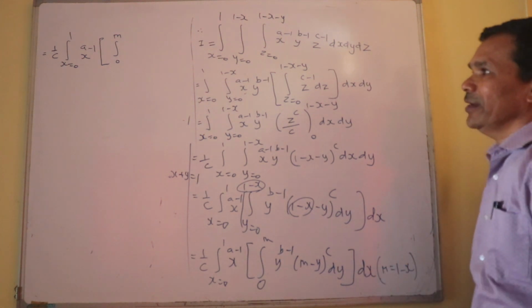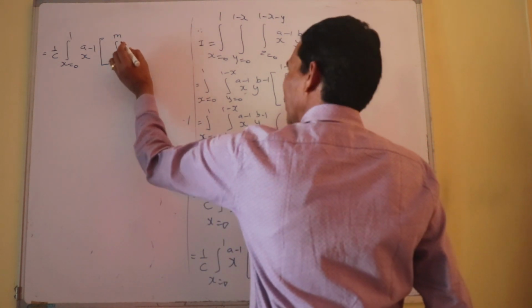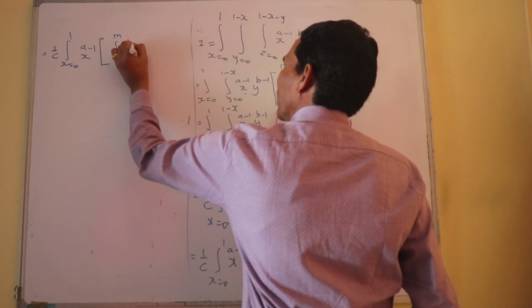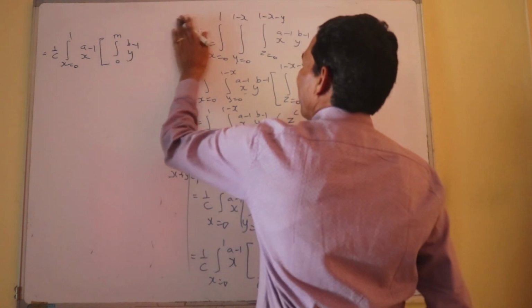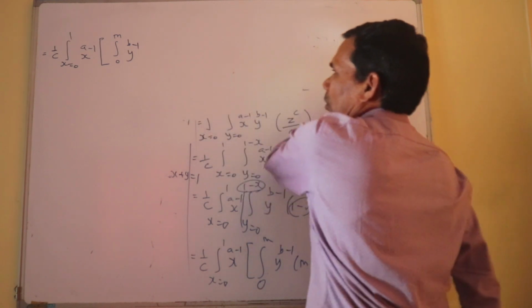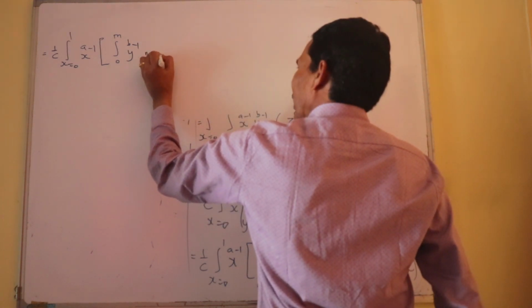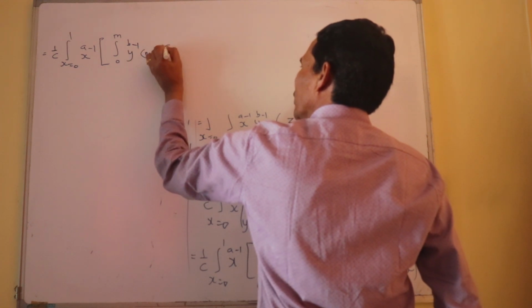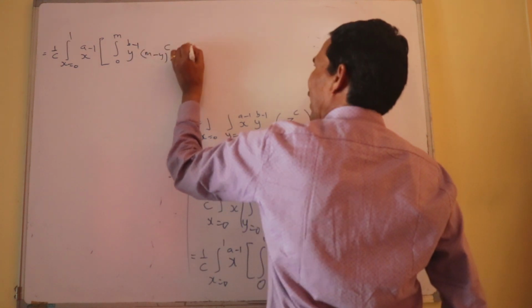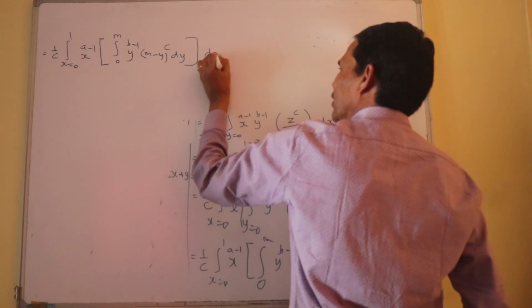We have taken it as a temporary constant, y raised to b minus 1, and (m minus y) raised to c into dy, and then to be integrated with respect to x.